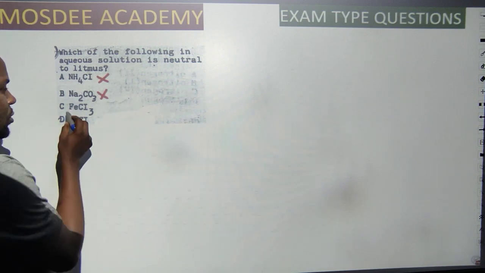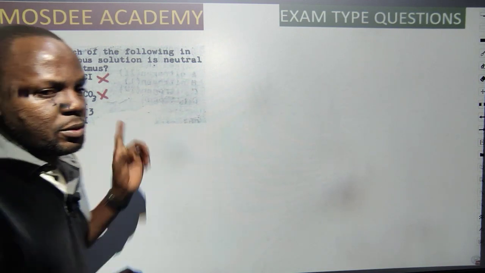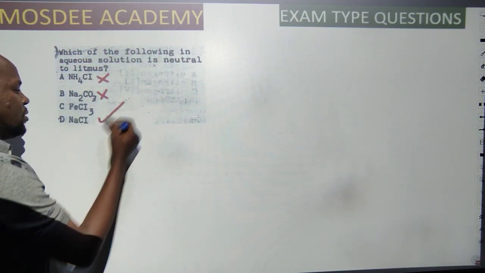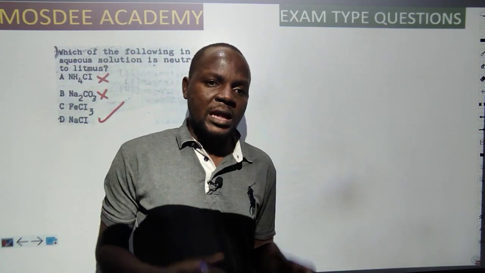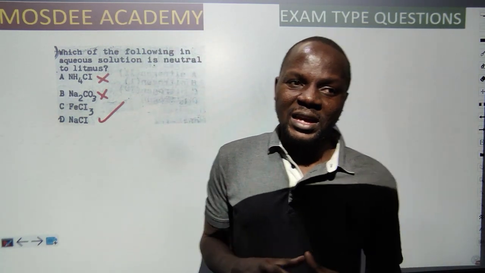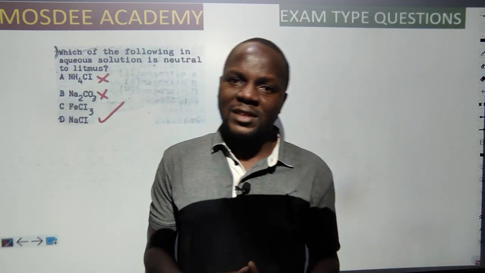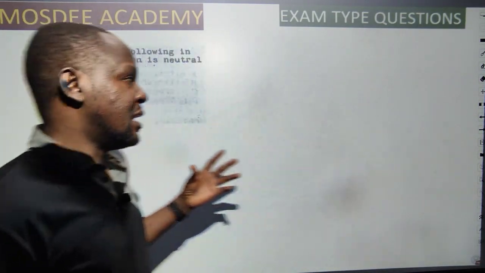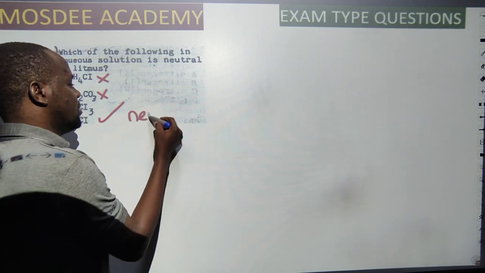This is a binary salt, but you know that FeCl3... So, this is the answer because NaCl is from what? NaOH, which is a strong base, and HCl, which is a strong acid. So that will not be hydrolyzed, and that is why we said this is going to be neutral.